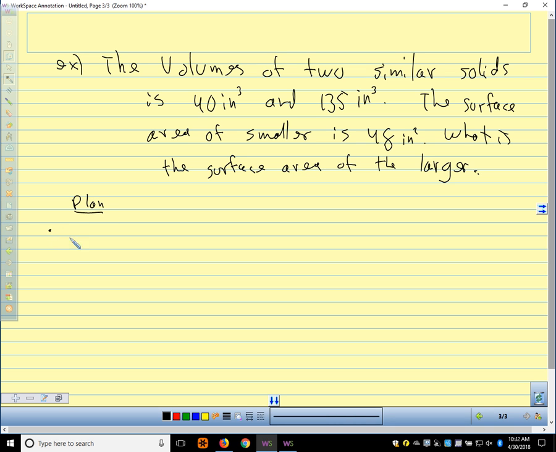We're going to use the volume ratio to find the length ratio, because we know how the volume ratio and the length ratio are related, and they give us two volumes.